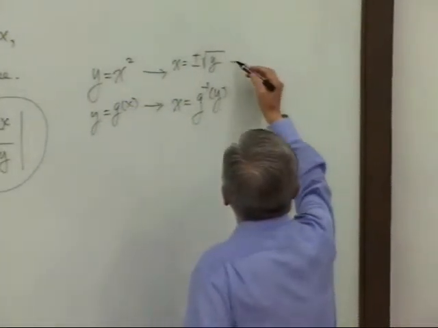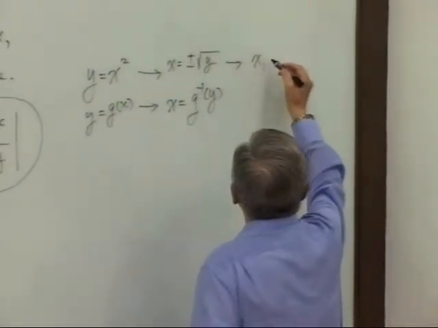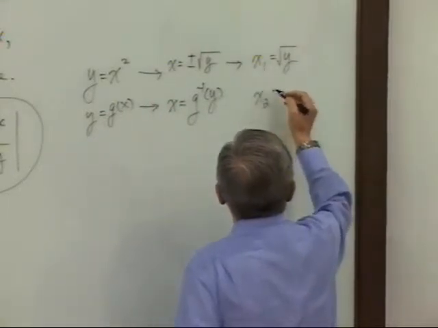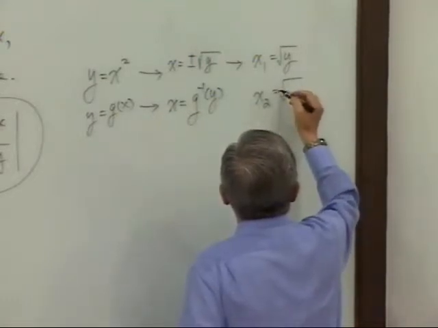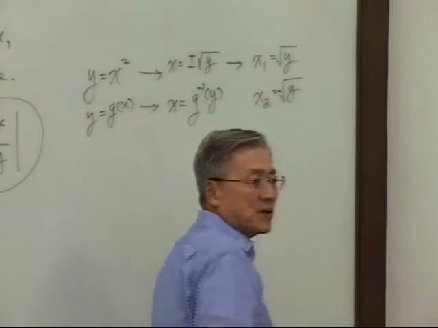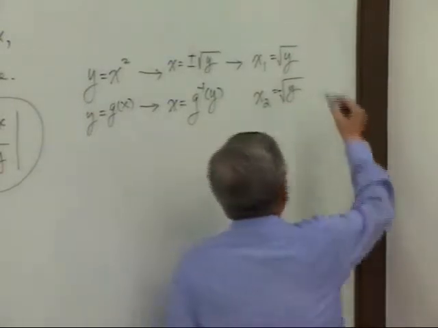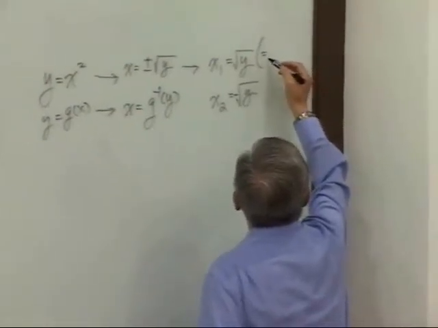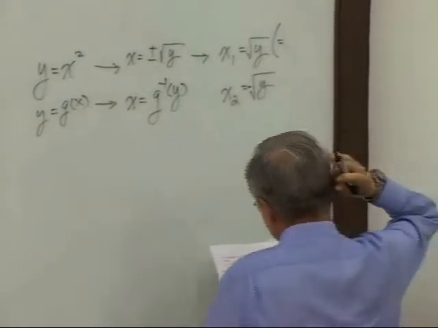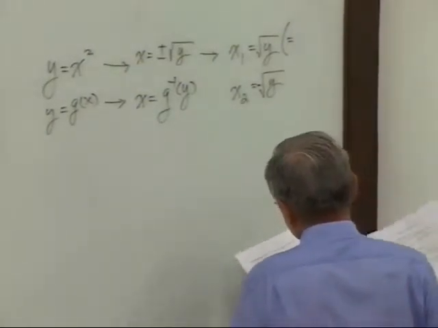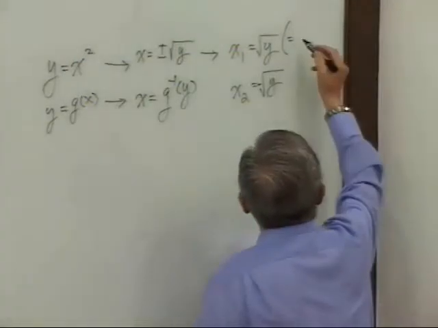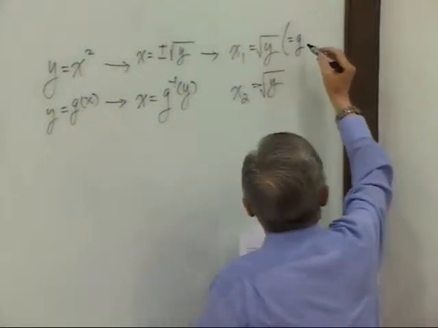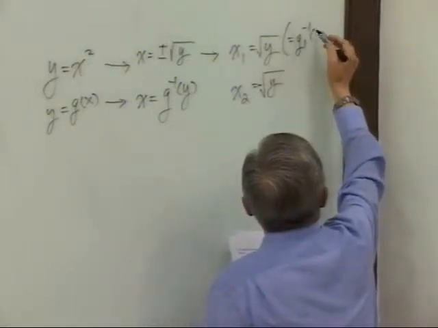Then here I can write x1 is, let's say, plus square root of y, and x2 is equal to minus square root of y. And this is equal to g1 to the minus 1 of y.